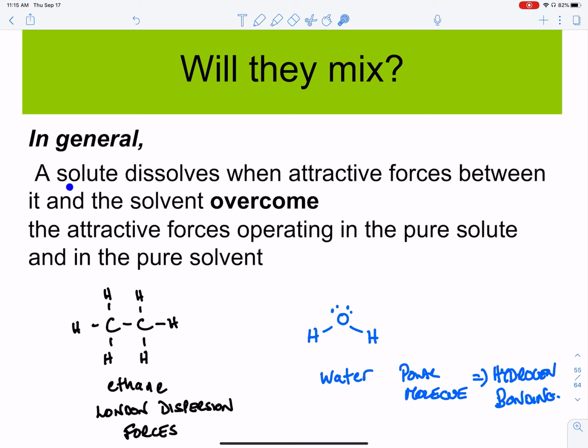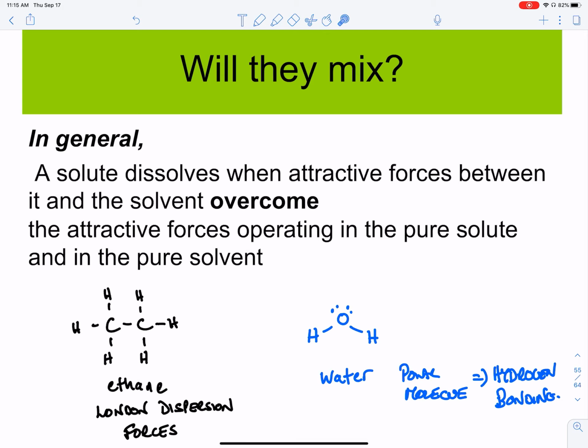And so that's what this says. A solute, ethane, dissolves when the attractive forces between it and the solvent, so between ethane and water, overcome the attractive forces between ethane and ethane, and also between water and water.